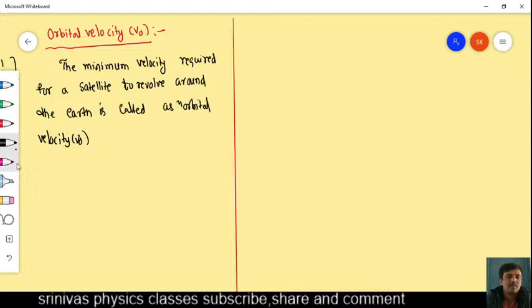Now its formula I am going to derive. Very simple, within 5 minutes I will close. In order to move in a circular path, some force is required. For example, this is the earth whose radius is capital R, and from height h we are throwing one satellite to revolve around the earth.